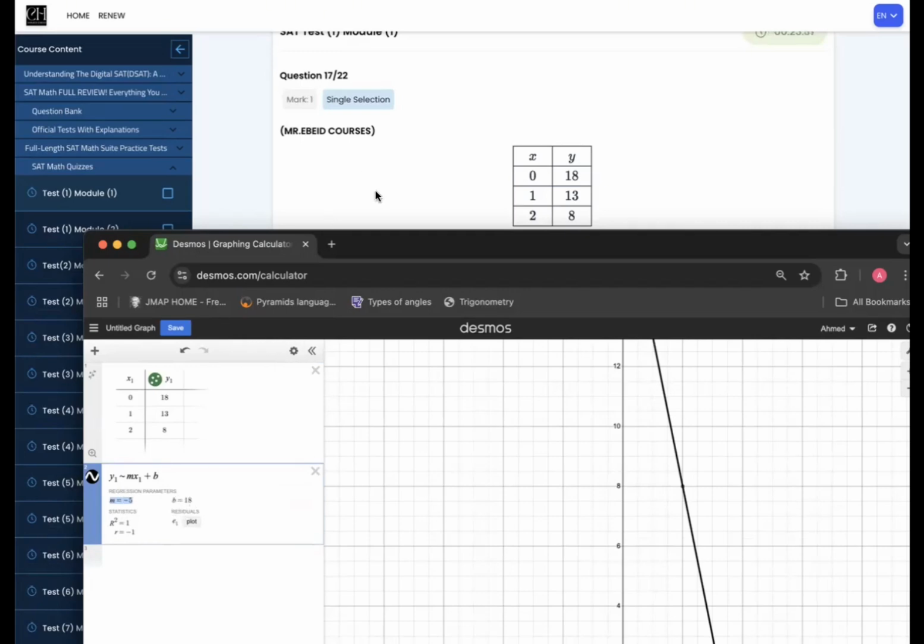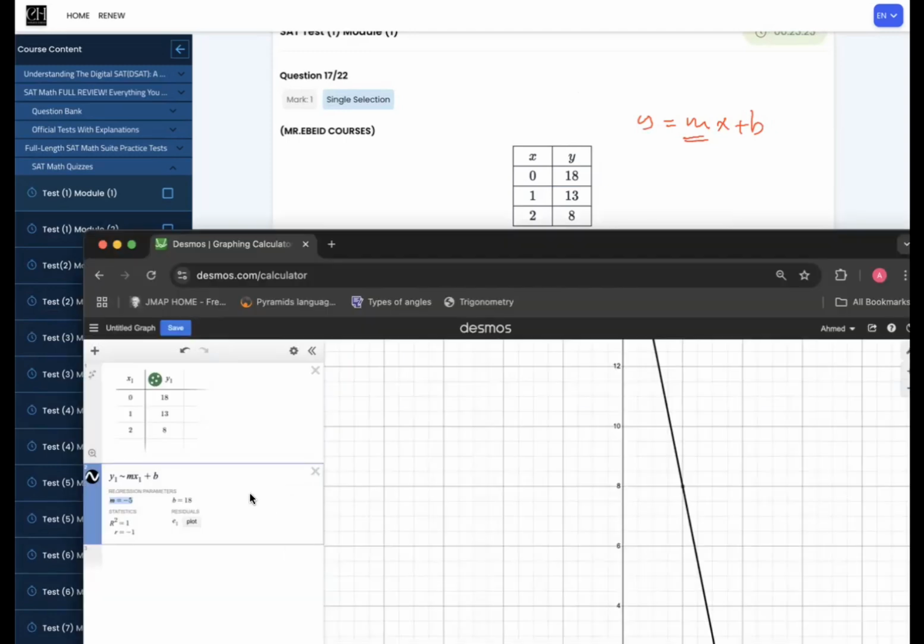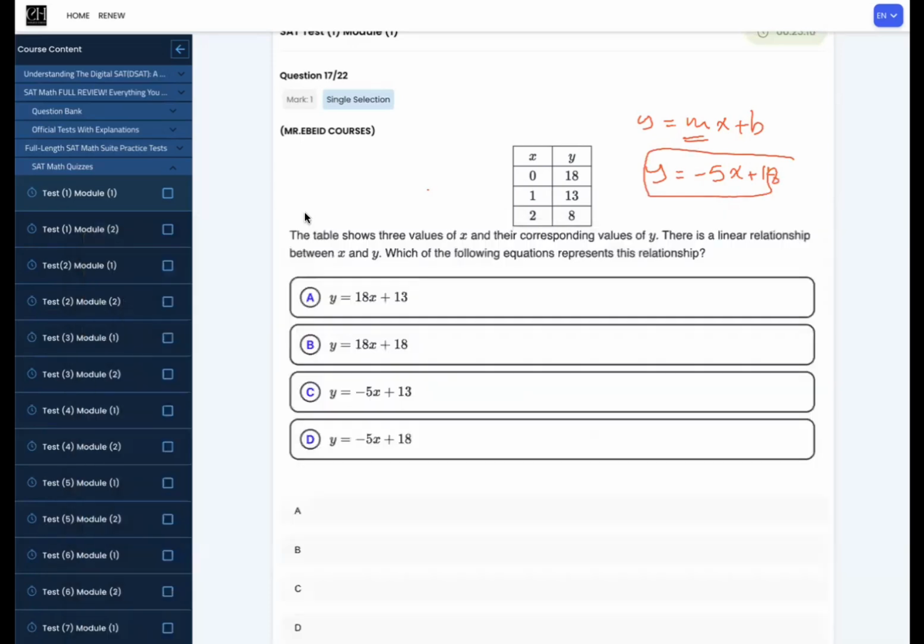As you know, the equation of the straight line is y equals mx plus b. And we said m equals -5 and b equals 18. So this is y equals -5x plus 18. So this is the correct answer. So let me check. y equals -5x plus 18. Yes, it's D.